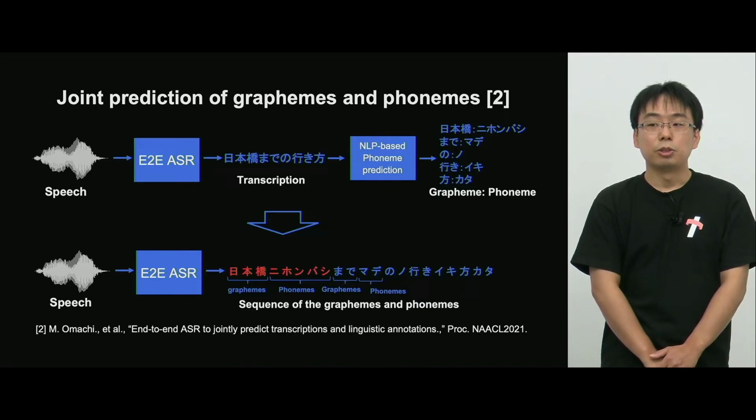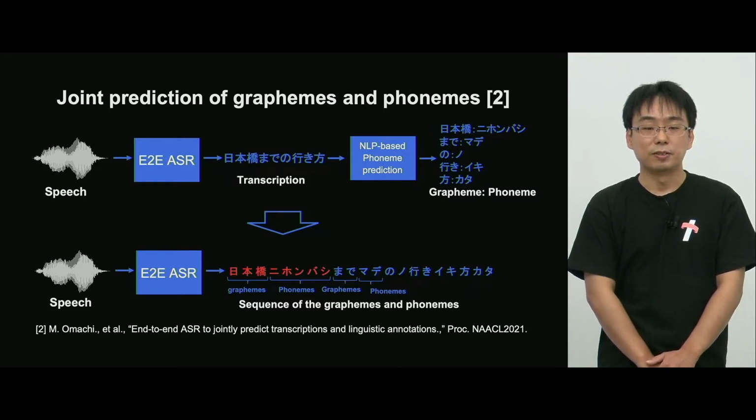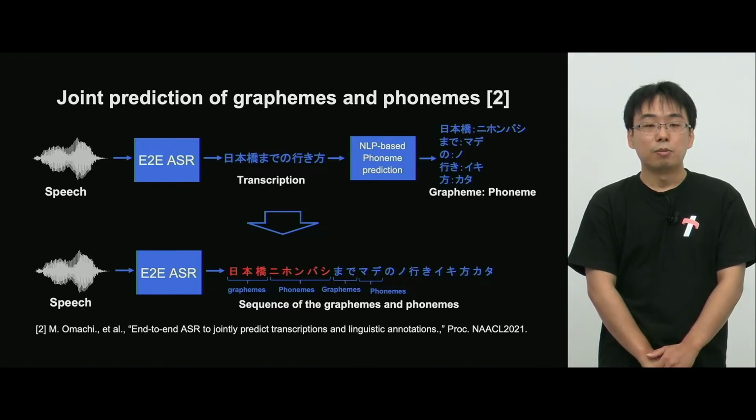The E2E speech recognition model output replaces the notation of each word with a sequence of readings. With this, you can easily capture notation and reading from the output. As I mentioned earlier, it's difficult to infer unknown words.